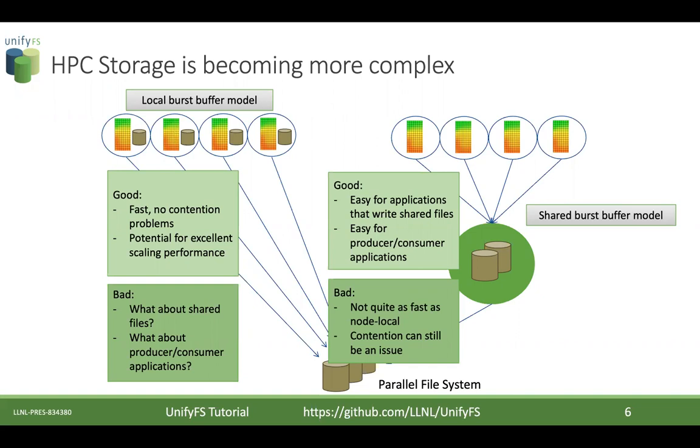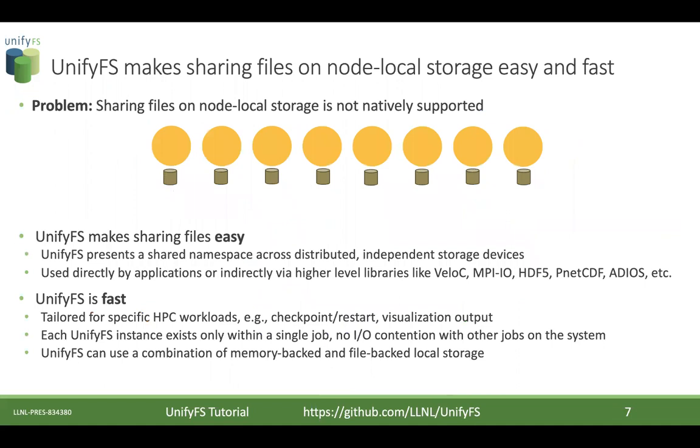So UnifyFS is really targeting the local burst buffer model. And so we want to keep all the good, the fast behavior, the no contention, the good scaling, but address the sharing. So make it easy to use shared file abstraction with local burst buffers. Next. So again, the problem is that sharing on local storage is not natively supported.